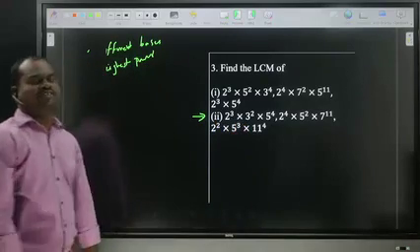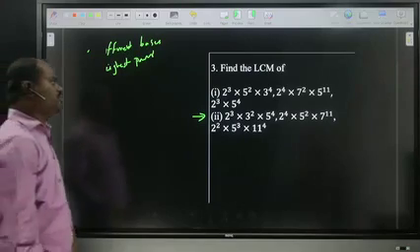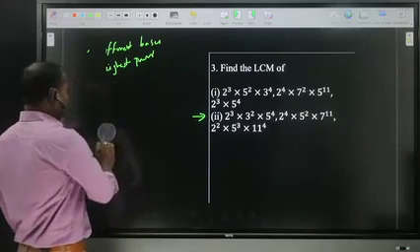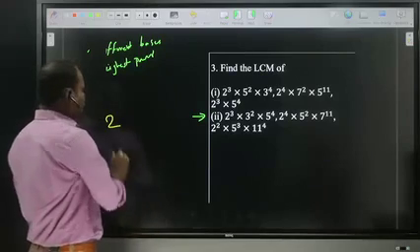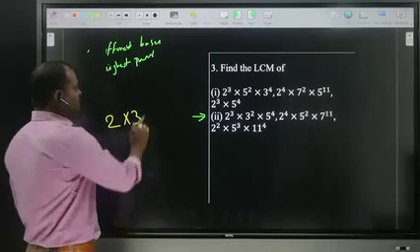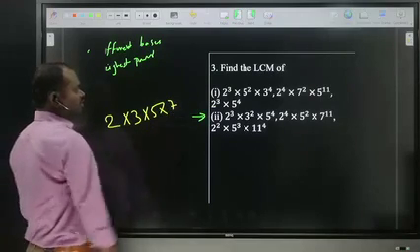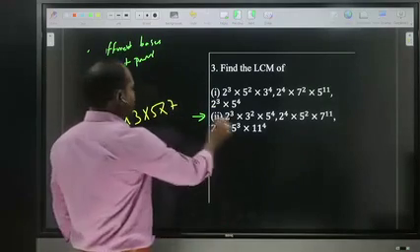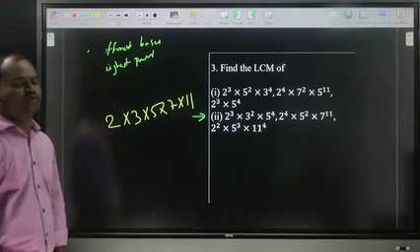What I said: first of all, write down the different bases. What are the bases? 2, next 3, next 5, next 7, and one more, 11. So 2, 3, 5, 7, 11.